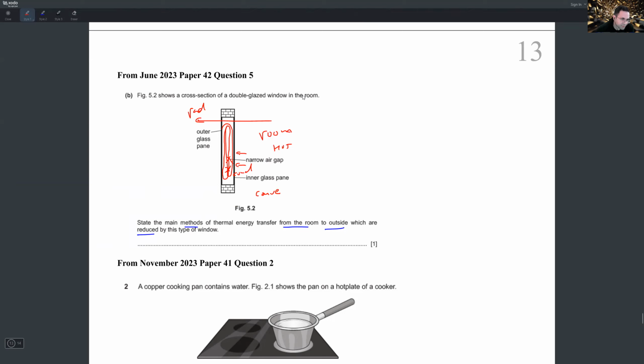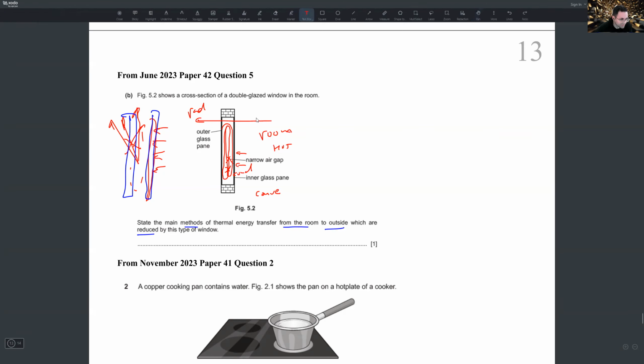If it was just one sheet of glass, the glass would heat up, and the air outside, when it heats up, would convect and escape. This hasn't happened because we've trapped it inside another sheet of glass. What have we reduced? Conduction and convection. Exactly. Excellent.